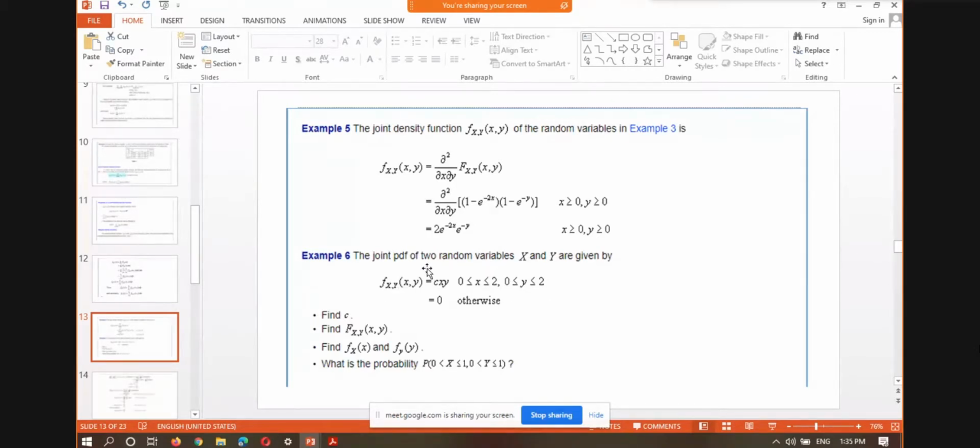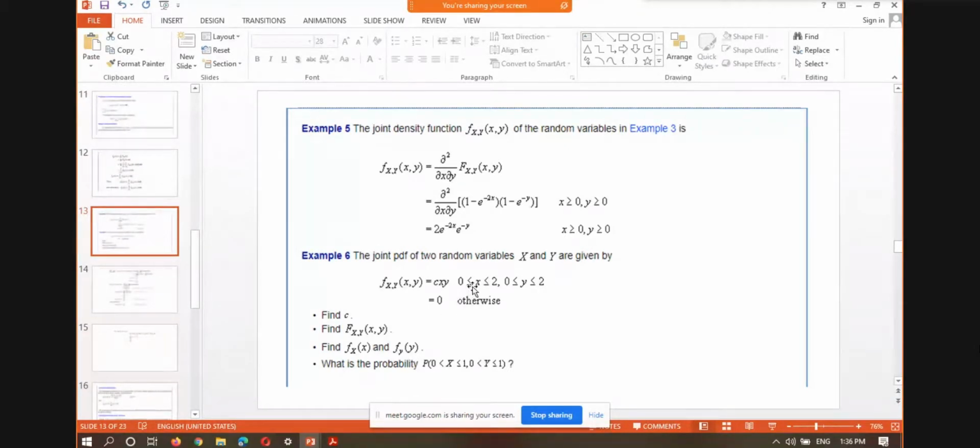This is your joint probability density function for x and y, and here you have to calculate c first, then calculate the joint distribution function from this joint density function, then calculate the marginal density functions for x and y, and then calculate this probability also.